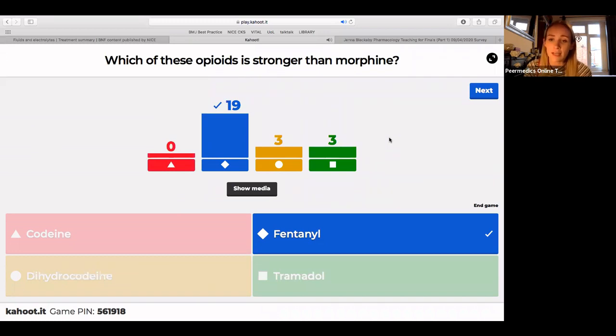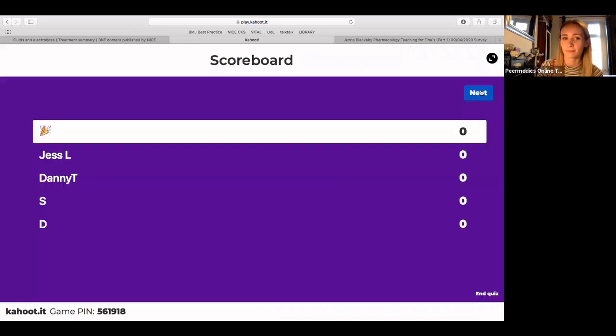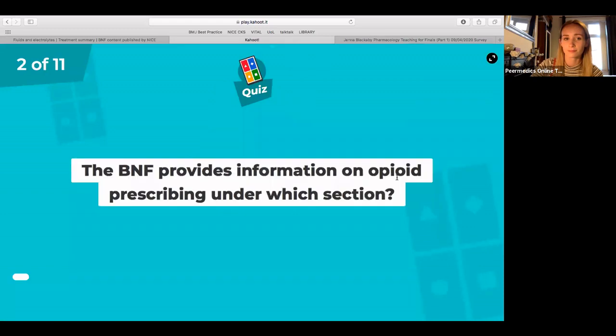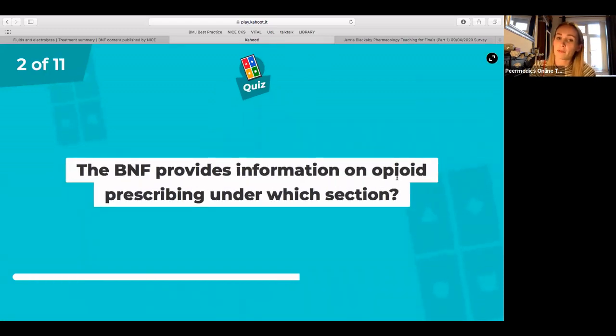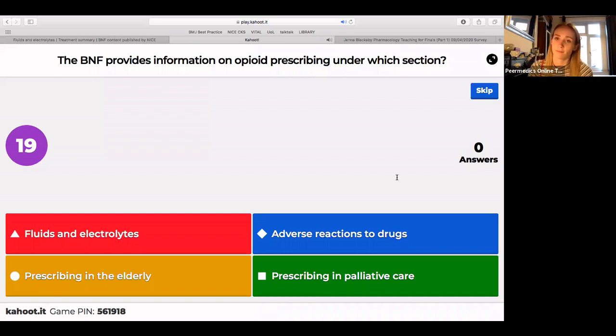Brilliant, yeah, so fentanyl. As we said before, you can just check the relative potencies, but it's good to have a basic idea of which is the strongest. Next. So the BNF provides information on opioid prescribing under which section?